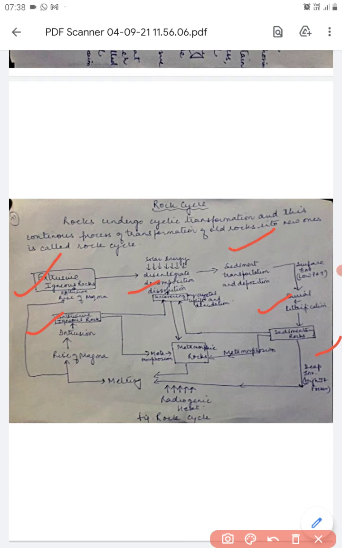Then they may either metamorphose to give the metamorphic rocks, or they may encounter the radiogenic heat, melt, as a result of which the magma is released, and then due to the process of intrusion, they give rise to the intrusive igneous rocks.